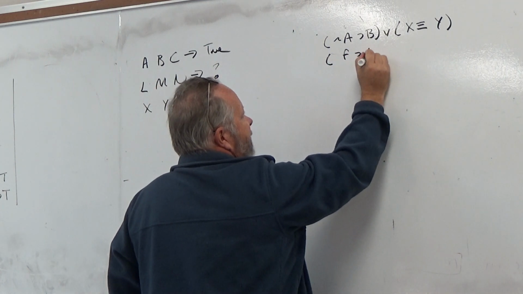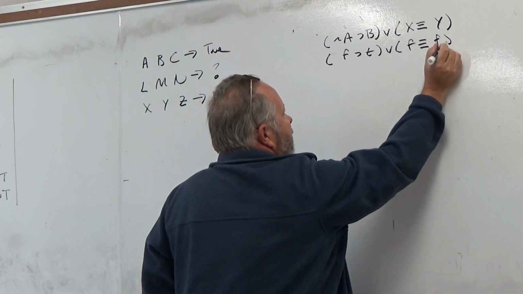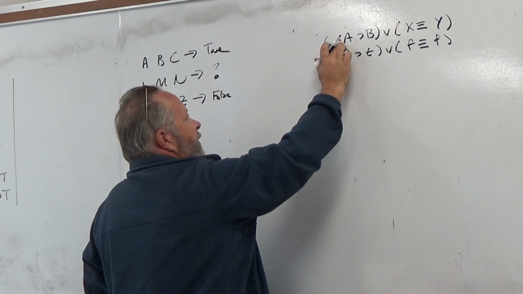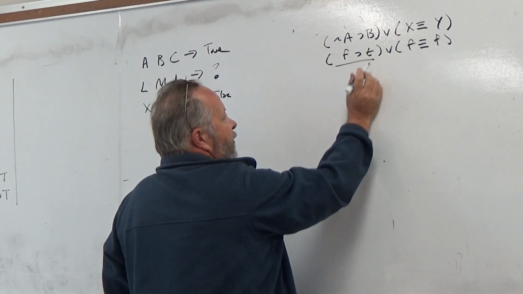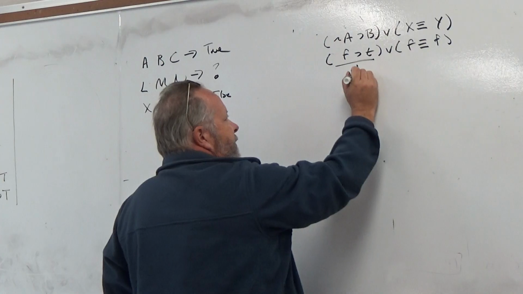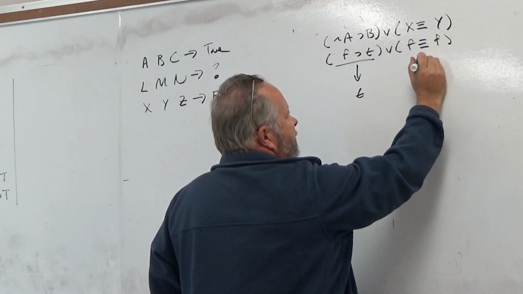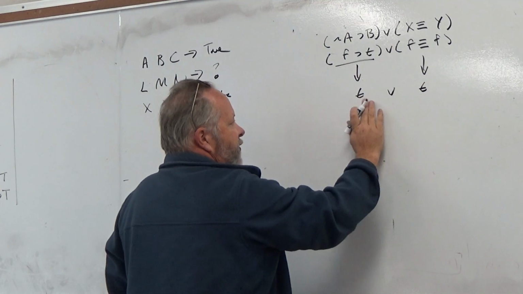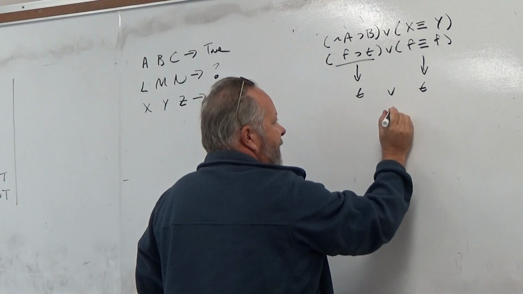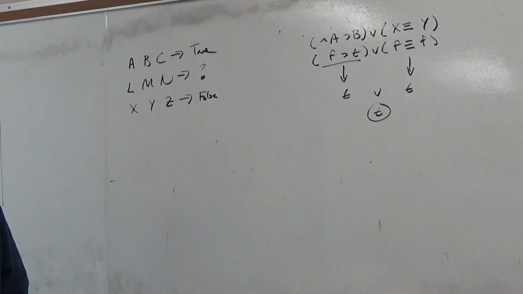So I get false, then true, or false if and only if false. So I've already converted the A, which is true, to not A, which is false. So false, then true is true, and false if and only if false is true. So what I end up with is true or true, and that is true. So that's how we get number 1.